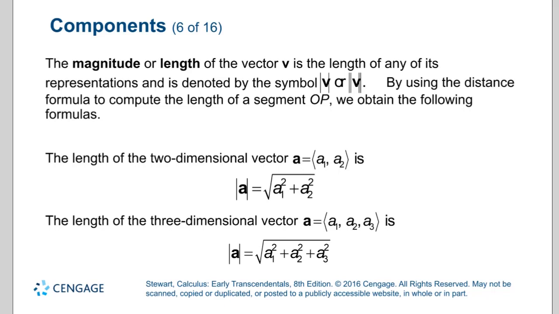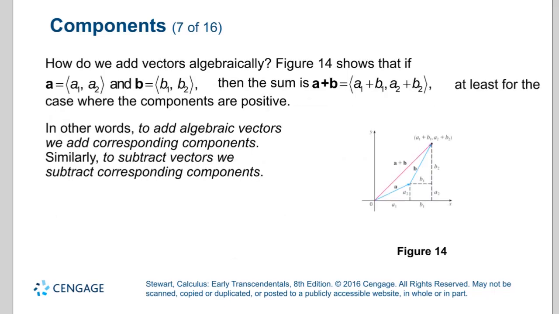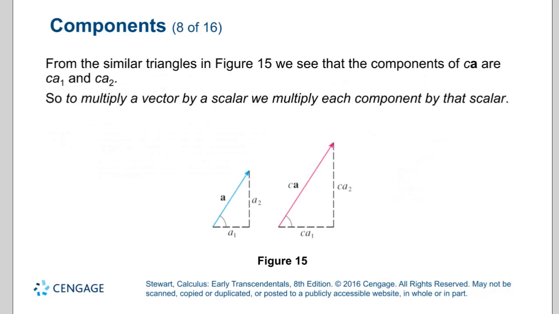So I'm going to do a1 squared plus a2 squared in the 2-dimensional one, or add in the a3 squared in the 3-dimensional one, and take the square root. It's a simple distance formula. By doing that, I now have the position and the magnitude of that vector. So this allows me to do all the other calculations a lot more simply.